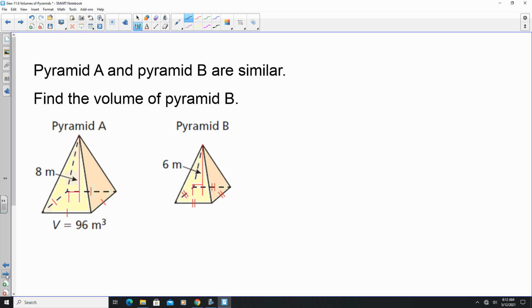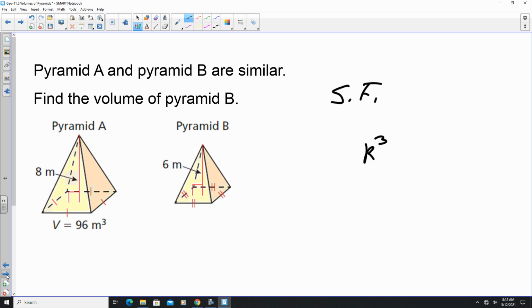All right. Here it says that pyramid A and pyramid B are similar. They want you to find the volume of pyramid B. So if you recall from 11.5, once you found the scale factor of the two similar figures, you could do a ratio with respect to k cubed.